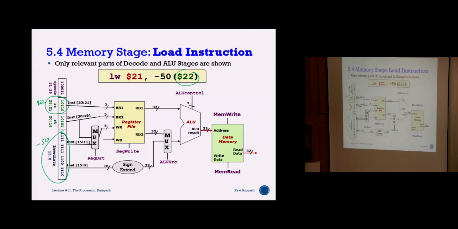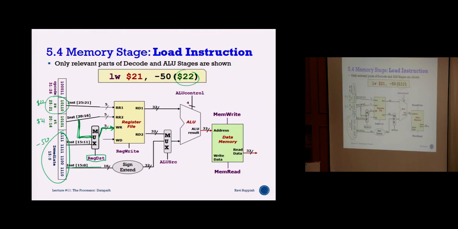My RegDst signal would activate the multiplexer to select the RT register, which is 21, to go to my write register. And then what will come out here?